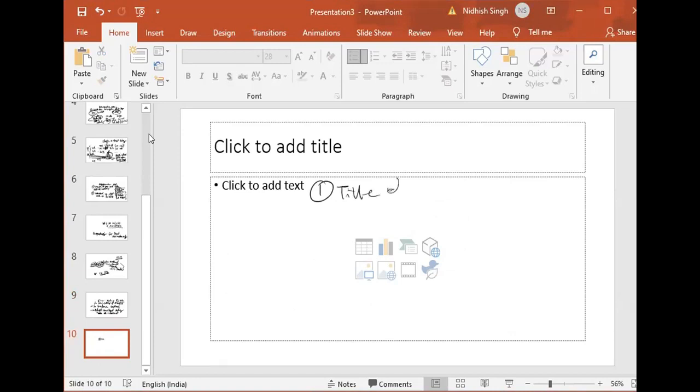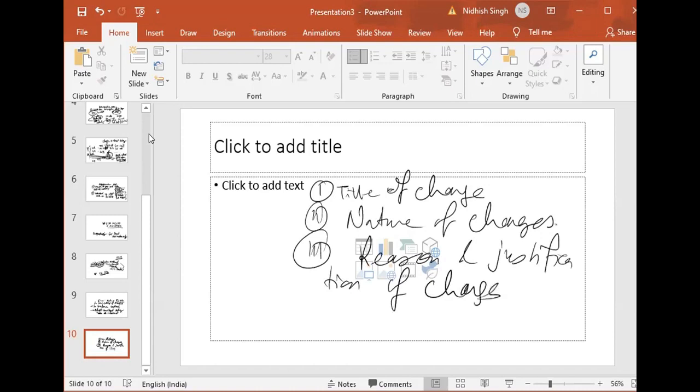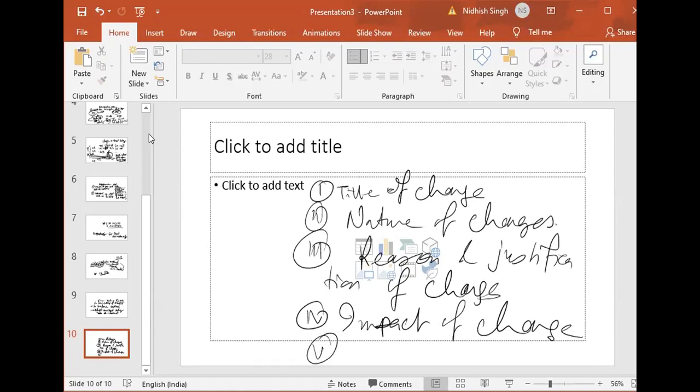Title of change, nature of changes, reasons and justification of change, impact of change, and what else should be?